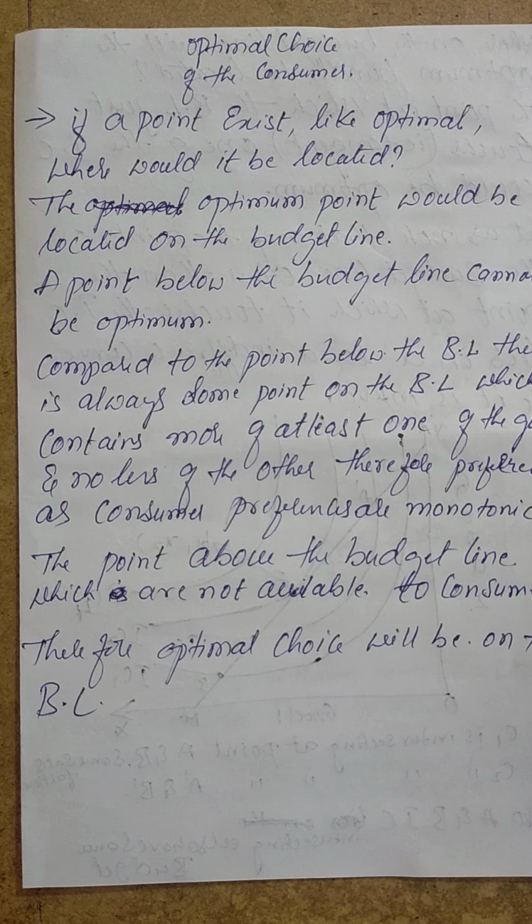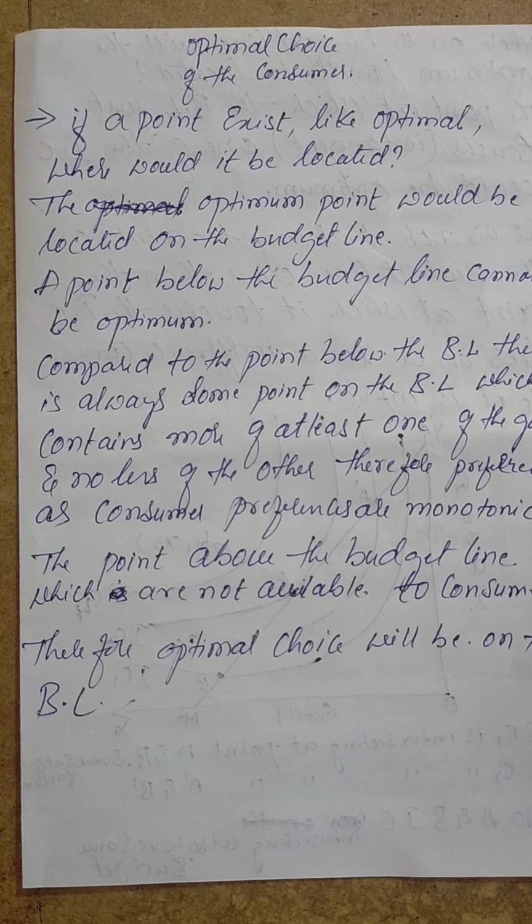Like 5 comma 10 is one bundle, and 10 comma 20 is another bundle. So 10 comma 20 becomes a monotonic preference compared to 5 comma 10. The point above the budget line will not be available to the consumer. Why? Because the consumer has a budget constraint.